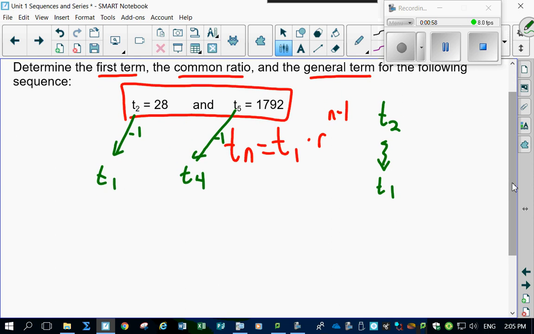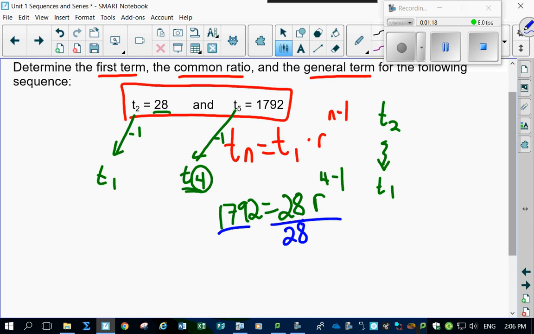We can say that this T4, which is 1792, equals T1, that's 28, times the ratio, which is what we're trying to find, to the power of 4 minus 1. I can find the ratio from that pretty easily. Divide this by 28, divide this by 28.